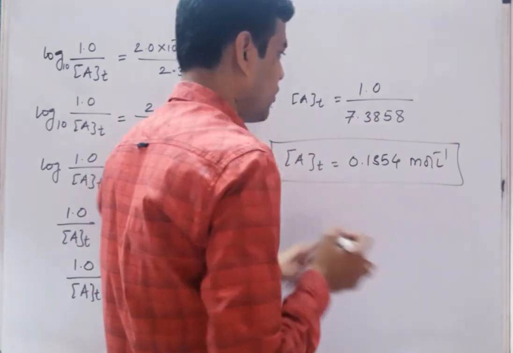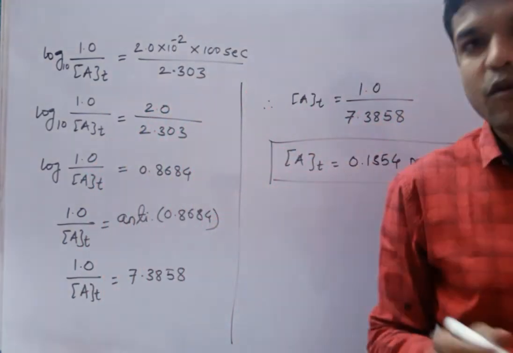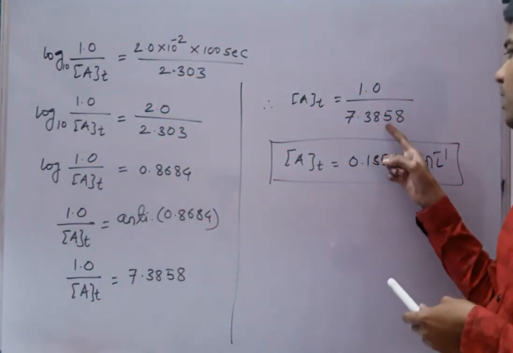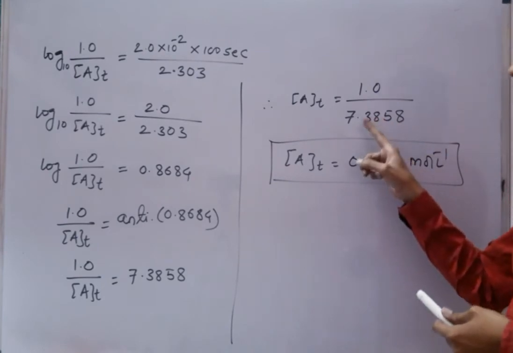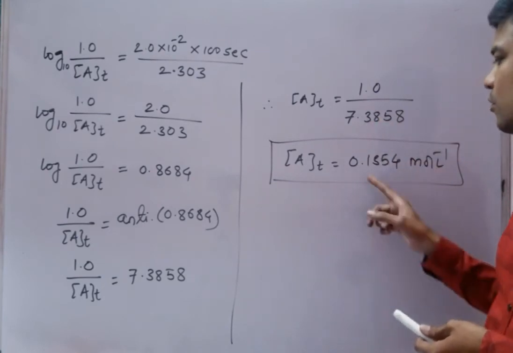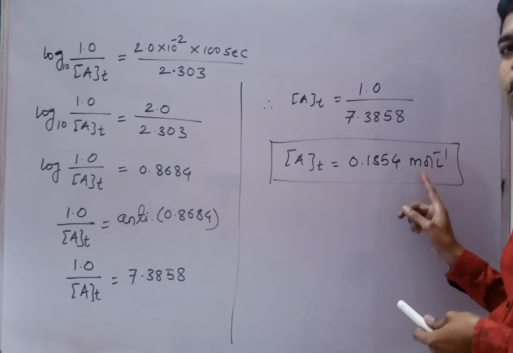Okay, you can take directly reciprocal of this 7.3858. 7.3 और 7.4 का अगर रेसिप्रोकल आपने लिया तो वो आता है 0.1354 मोल्स पर लीटर.